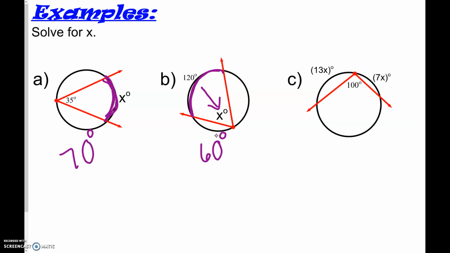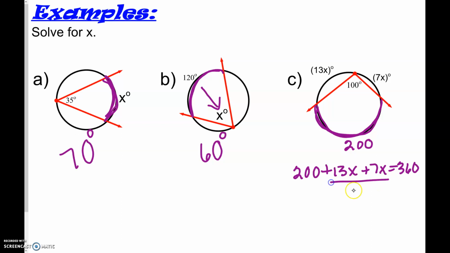Now, in the third one, if we have this 100, then we know that this arc right here is going to be how much? Yep, 200. Now, what's the sum of the entire circle? We set up 200 plus 13x plus 7x, and a whole circle is 360.